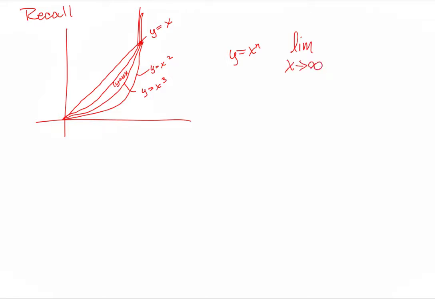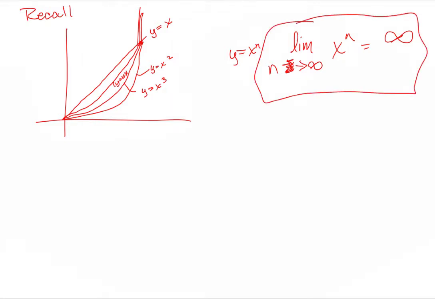if I look at the limit as x goes to infinity of x to the n, this goes to infinity. Okay? Would everybody agree with that? That this thing right here is going to go to infinity, right? Because this is a polynomial and it's going to blow up.